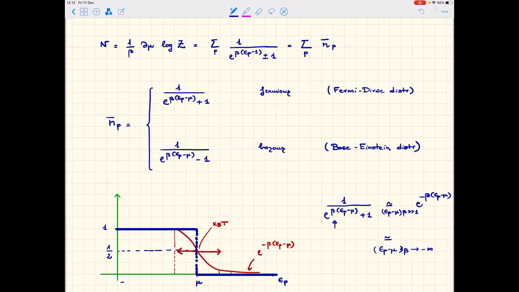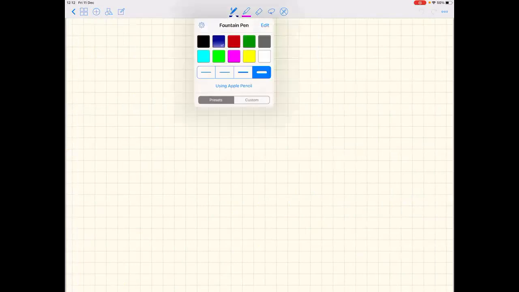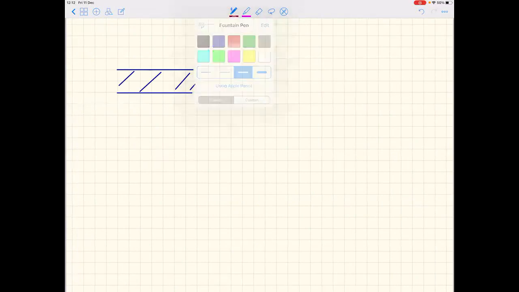Whenever you have a band insulator, it means that you have a band in your spectrum, like this one, and for some reason the chemical potential is sitting here.